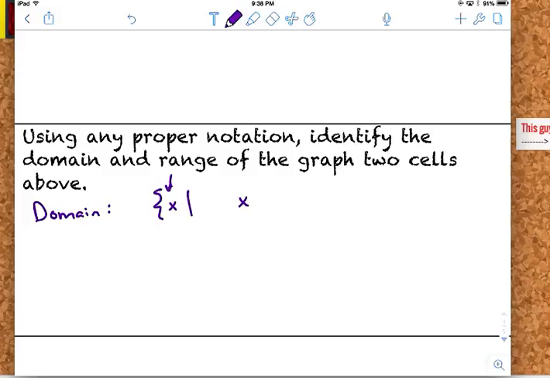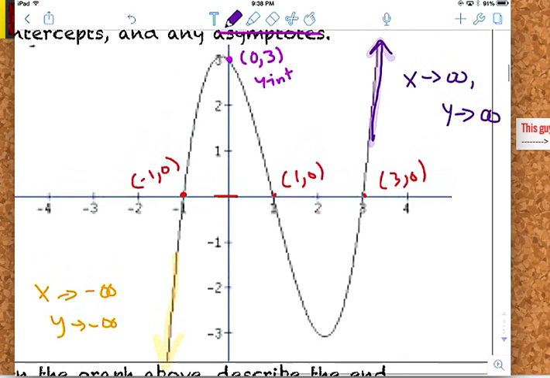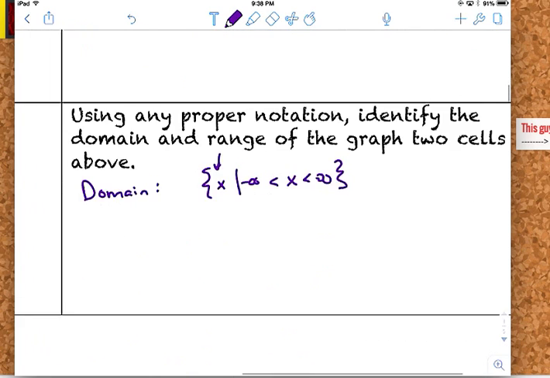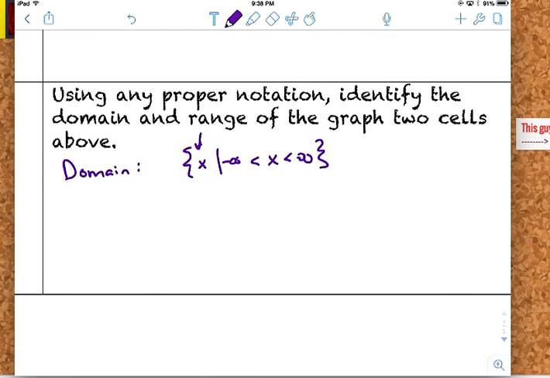The x value is going to be less than infinity, since we can never reach it, but at the same time bigger than negative infinity, which we can't reach either, and we'll close it up. That just tells you what this graph told you, that the x values are going to range from negative infinity to infinity. In fact, we're going to use all of them. This is a proper way to write it using set notation.